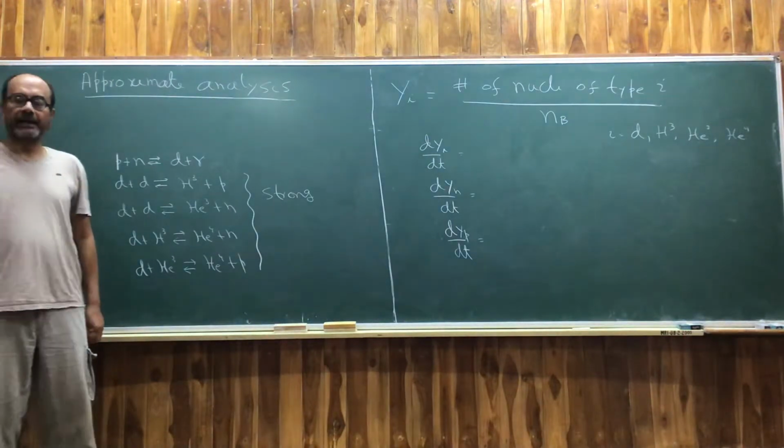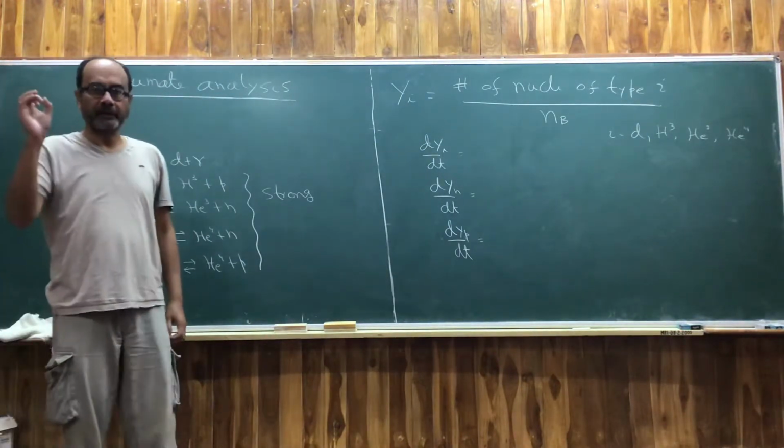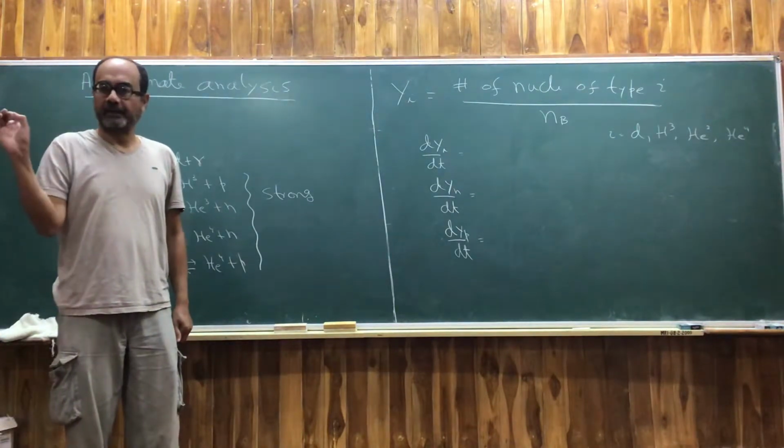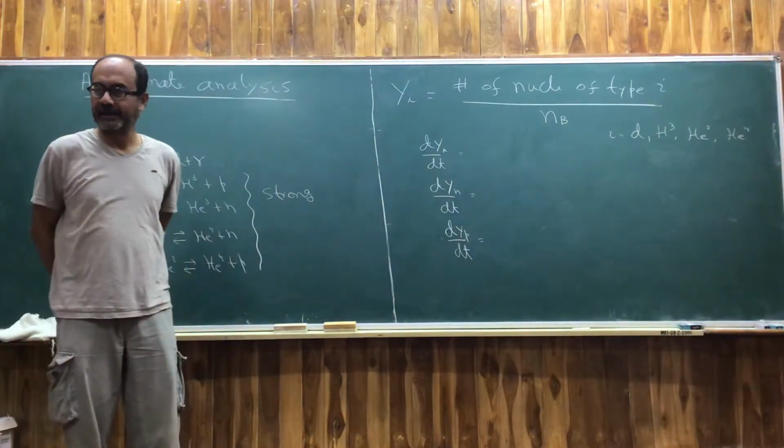So you can actually accurately predict the number of deuterons based on just the thermal ensemble, the Boltzmann formula.